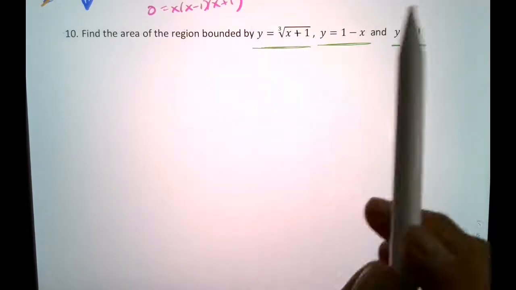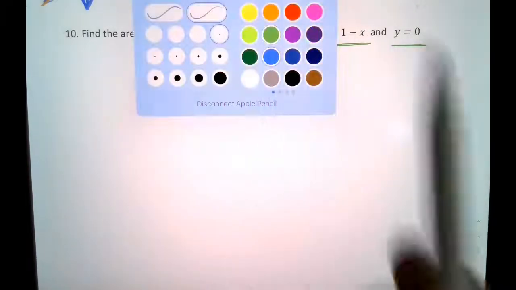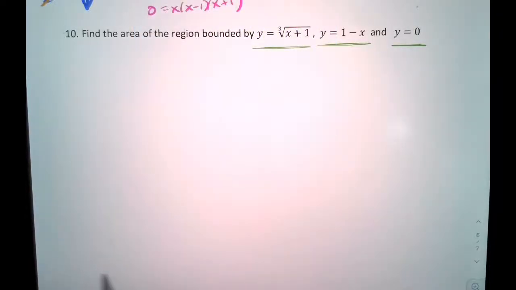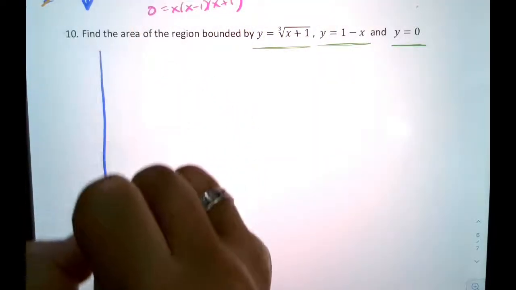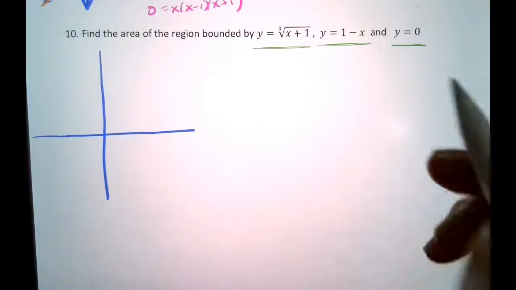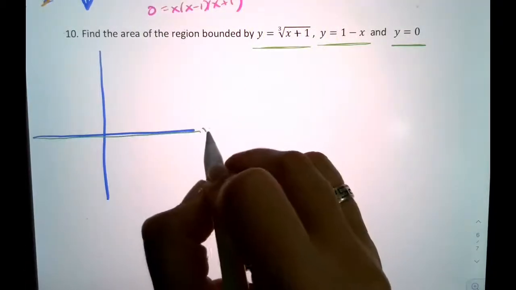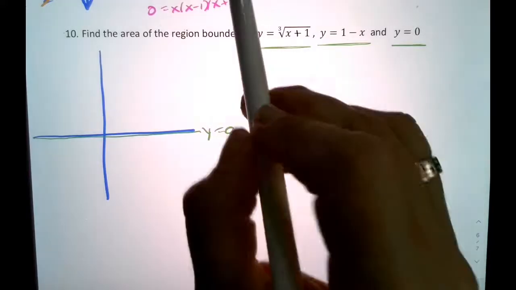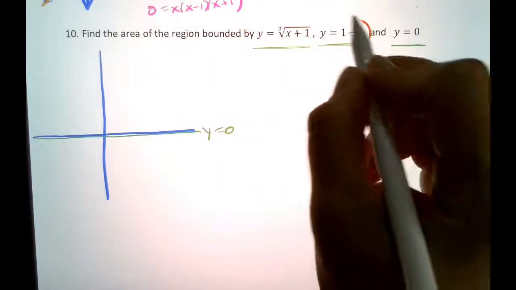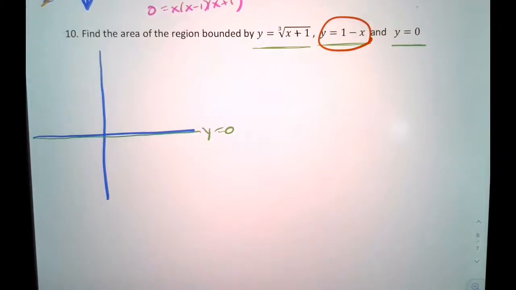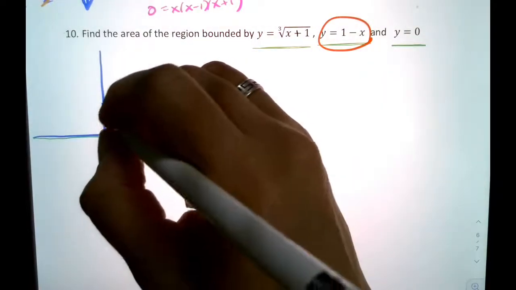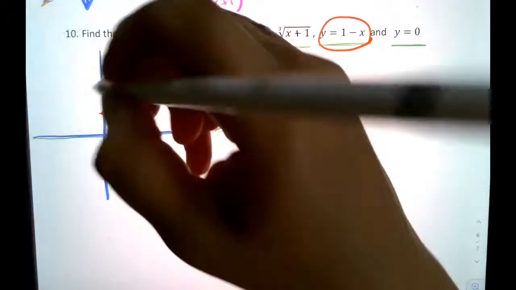So I want to sketch all of those, and I don't have a calculator, so I'm going to sketch what I can. I think I can quickly sketch y = 0 because that's just the x-axis. I'll label it. Let's go ahead and sketch the line, 1 minus x, so the y-intercept is at 1, and slope of -1.